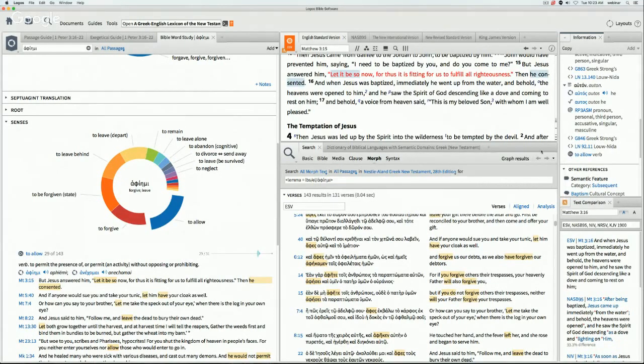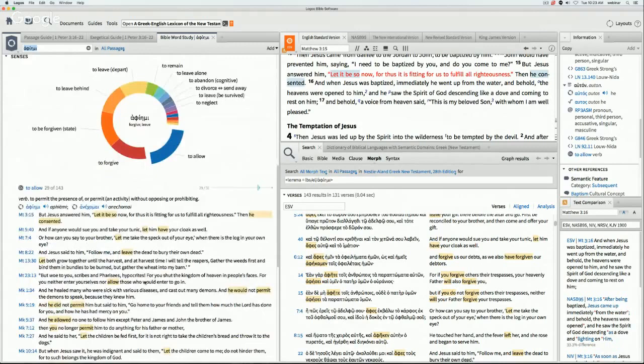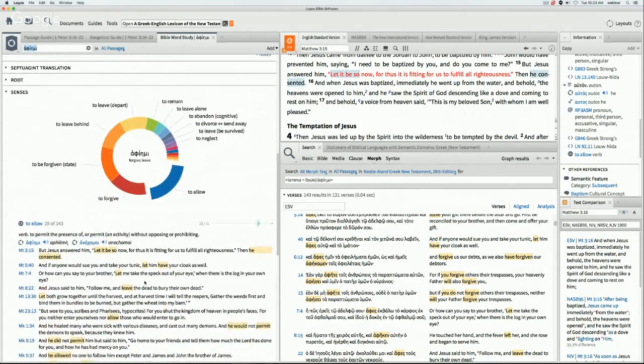And this is a way that we can search for all of the ways of what it means, not necessarily just how it's translated. And this is, again, really important to identify. It has a different range of meanings, and it really depends on the context and how it's being used to identify what this means.